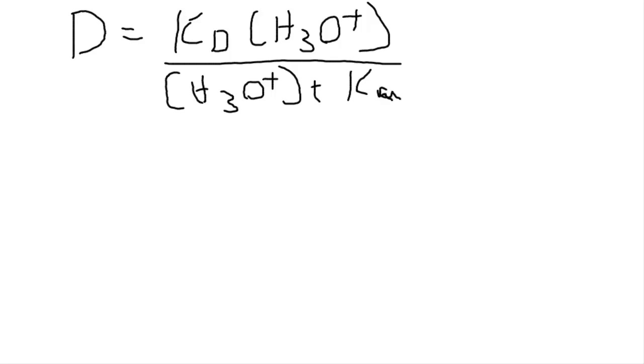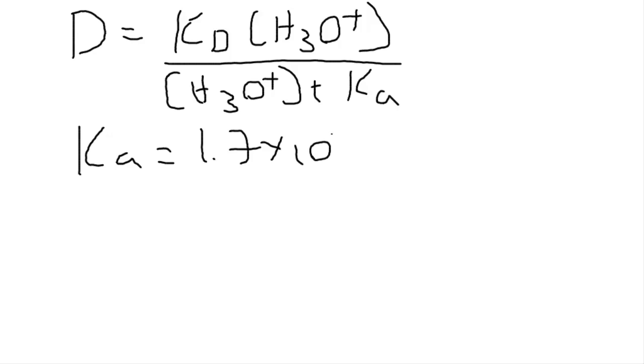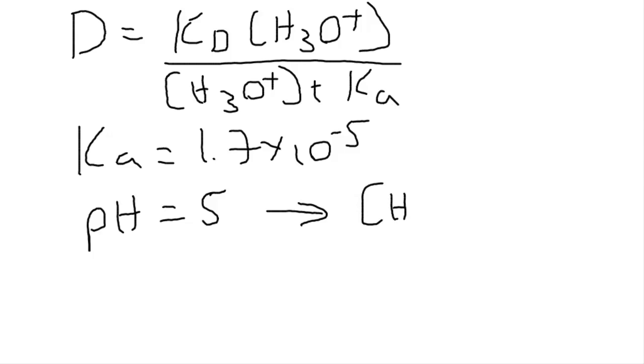So let's say in this example we have a weak acid with a Ka value of 1.7 times 10 to the minus 5, and we're going to do the extraction at a pH of 5. So if the pH equals 5, the H3O+ concentration is 1 times 10 to the minus pH, so it's 1 times 10 to the minus 5.